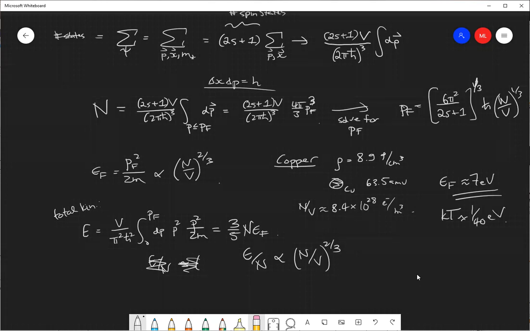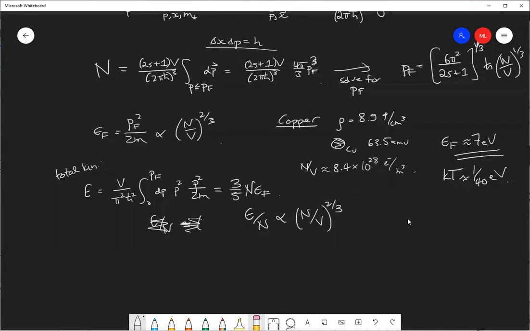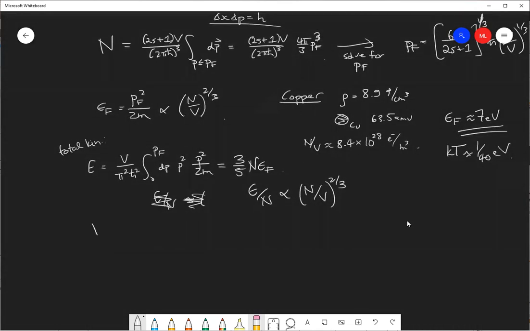And why is that weird? Well, this would be the kinetic energy. What about something like the potential energy? The electrons obviously have some Coulomb repulsion. We can think about the total potential energy of the electrons. If we try to figure out the Coulomb energy per particle, what would it be?